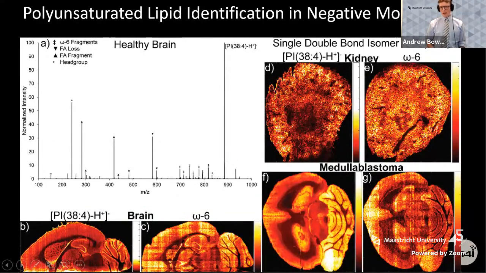And you can do this with the polyunsaturated lipids as well. This is PI 38:4, showing both in normal brain, medulloblastoma bearing brain, and kidney.